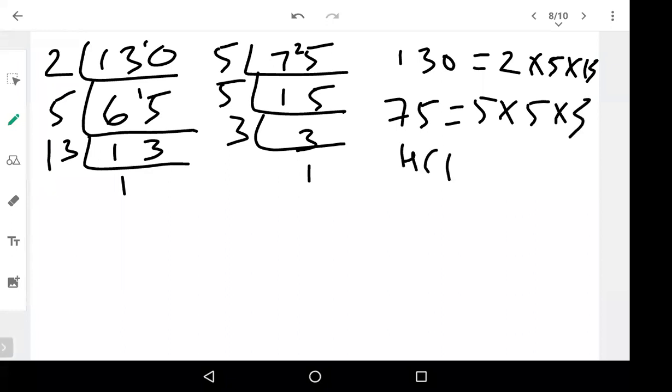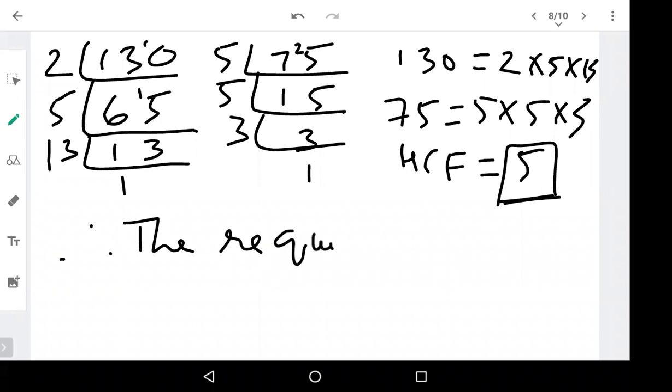So HCF is equal to 5, that is common. Yeah, only 5 is common. Correct. So therefore the required number is 5.